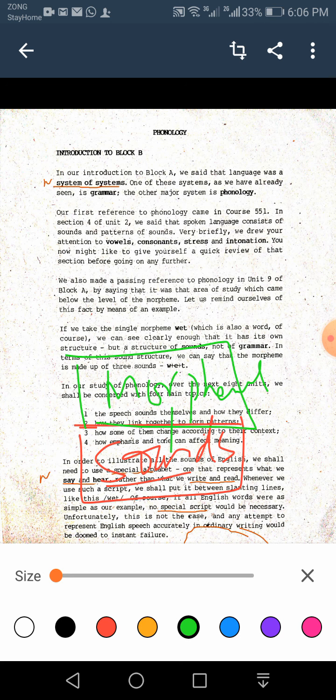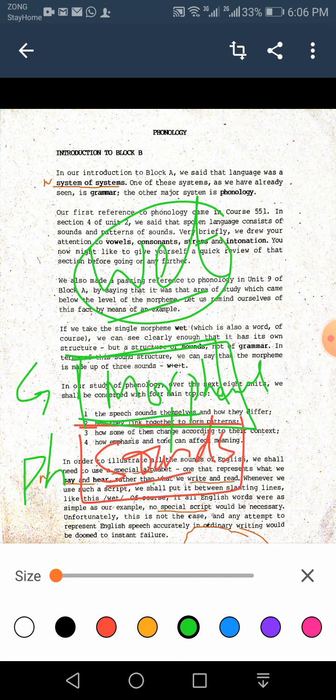That's why this system is known as grammar. This is phonology, and this is grammar. So for example, here is a word, vet. So vet is a word, but we also call it a morpheme, and as we can see, this consists of 3 sounds. So sounds move into morphemes.